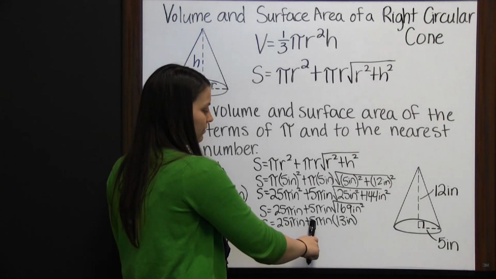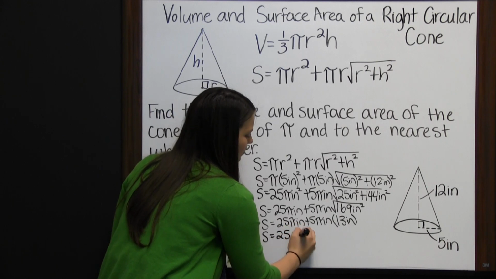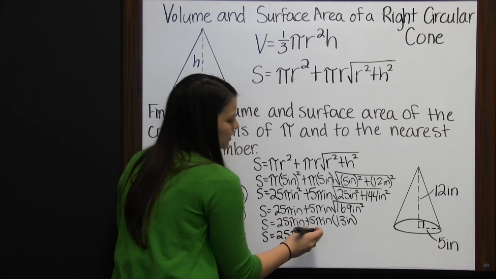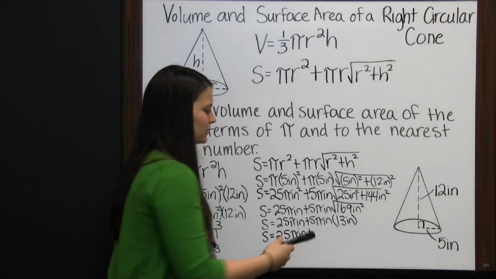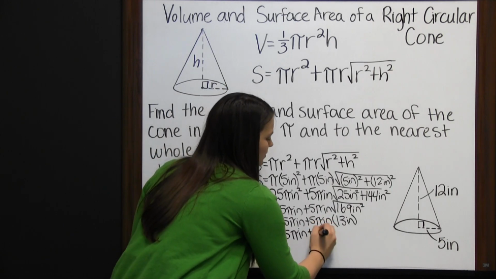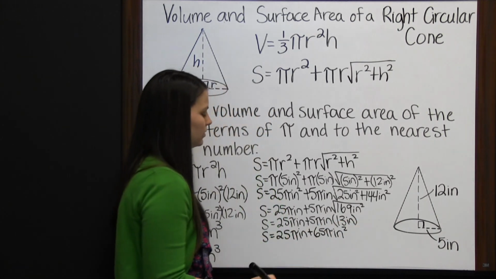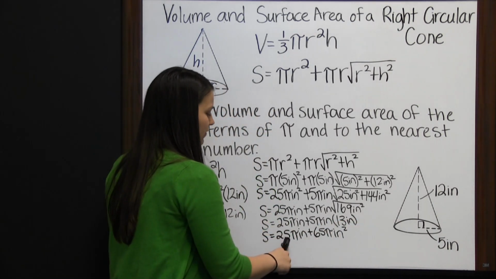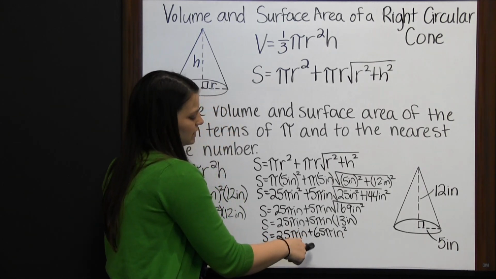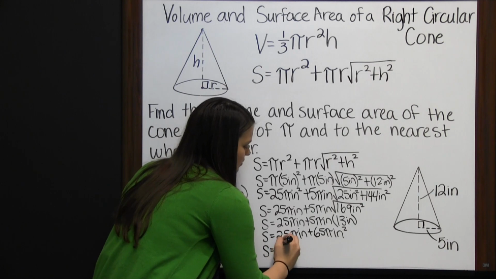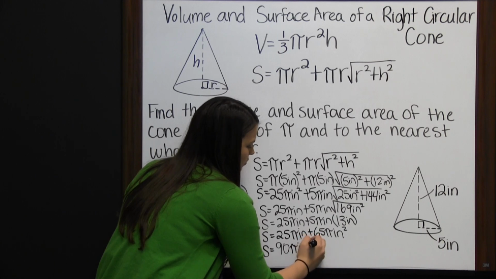Now we can multiply 5 pi inches times 13 inches. So surface area is 25 pi inches plus 5 times 13. 5 times 10 is 50. 5 times 3 is 15, so 65 times pi. 65 pi inches times inches, inches squared. Now finally we can add 25 pi inches plus 65 pi inches. 20 and 60 is 80, 5 and 5 is 10, so 90 pi inches squared.